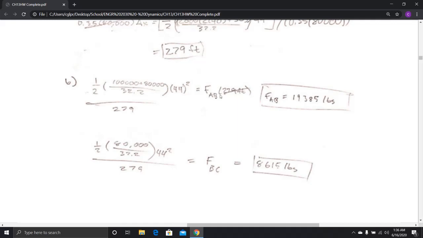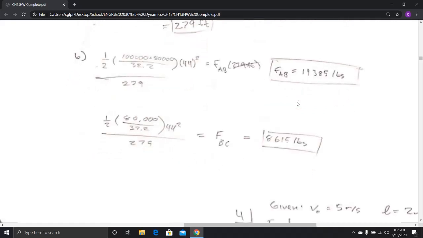Now, the total amount of force is created over 279 feet, and I want to find the force per foot, so I just divide this by 279 feet, and I find that the force is around 19,000 pounds.